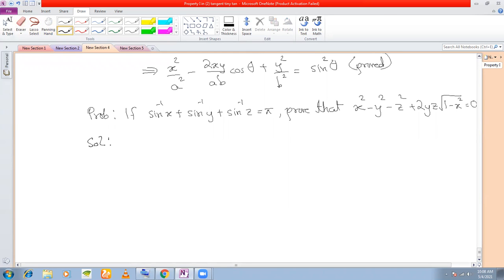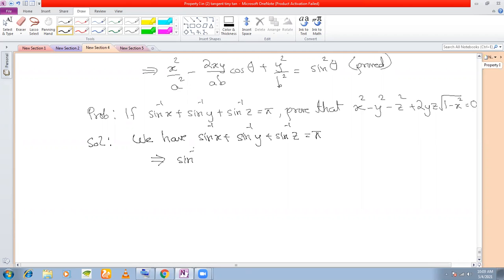So we start with what is given. So we have sin inverse x plus sin inverse y plus sin inverse z is equal to pi. Now what you do here is you take one sin inverse on the other side. Simply you cannot add two sin inverses together.